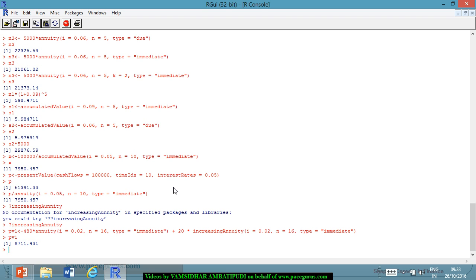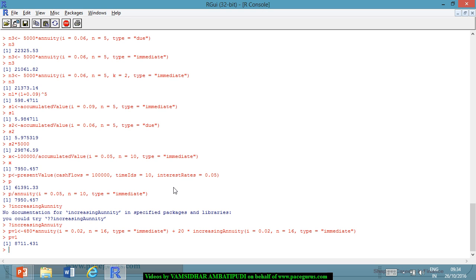So if it is going to pay me 500 after 1 year, 520 after 2 years, 540 after 3 years, and so on, increasing at the rate of 20 every year, then the present value of all those payments that I'm going to receive is equal to 8711.